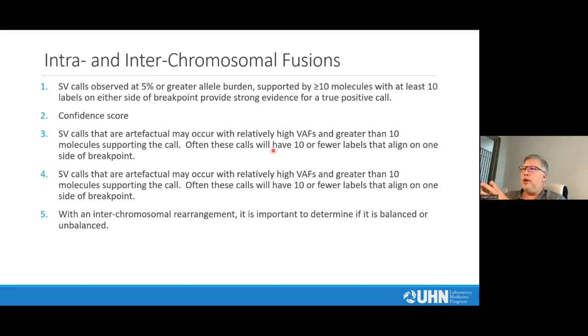What we would recommend in these cases is you look at both sides of the alignment, and you look for features like seg dups and gaps and other features in the reference genome that might cause alignments, and also look at the label pattern itself and see if it is in fact repeated. There are lots of ways that we can go through the data to determine whether or not we feel that it's a valid, non-artifactual call.